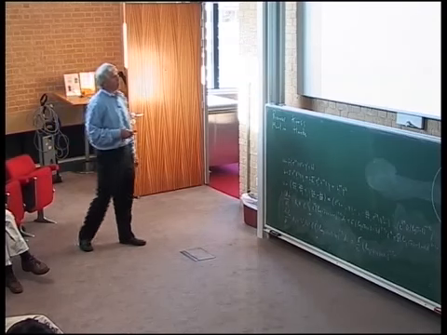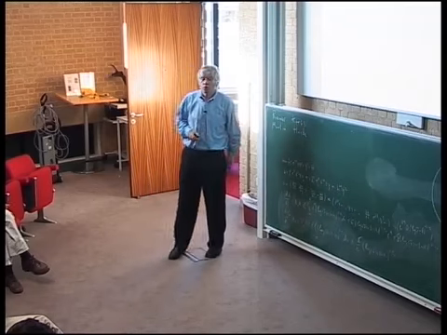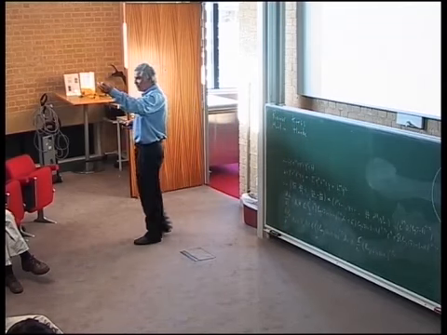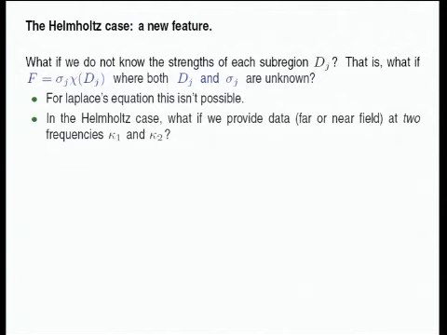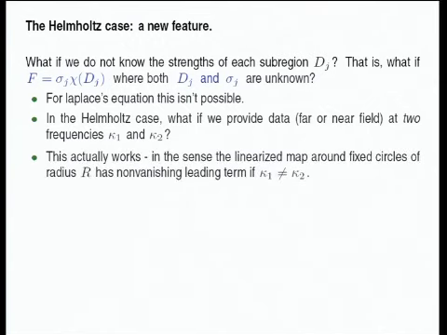But in the Helmholtz case, what if I decide to give you two measurements, either far field or Cauchy data, from two different frequencies? It actually works. Now, let me tell you what we can't prove. We cannot prove that this works. What we can prove is that when you put the two frequencies in, you get a system of two equations.